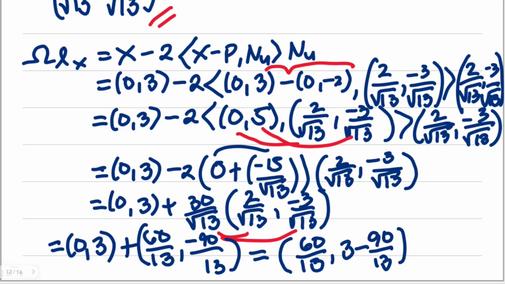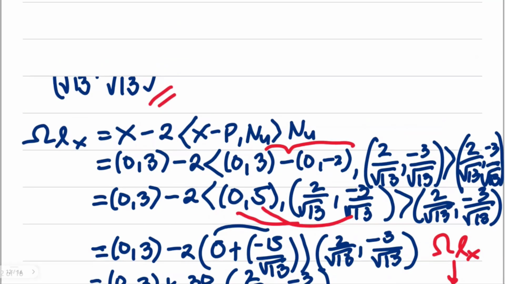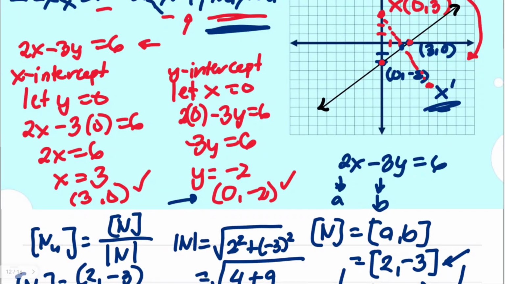You may use calculators if you would like to, which would give us a result equal to, again, the x is 60 over 13, and your y is negative 51 over 13. This is now the reflection of your x along line L. As you can see, the x is positive and the y is negative. Clearly, it's located in the fourth quadrant.